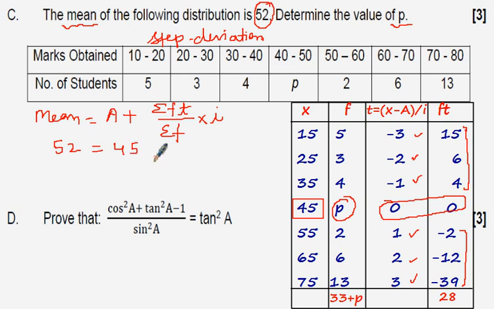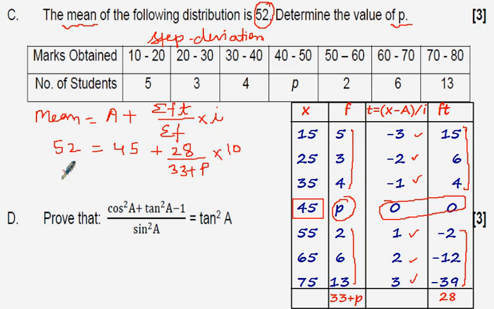You can solve in your way, whichever method you are comfortable with, but they may ask you for a particular method, then you have to apply that. 28 upon 33 plus p. When we add, you have to be careful. Add the number separately and add p. Many children make a mistake in that. They write 33p into 10.